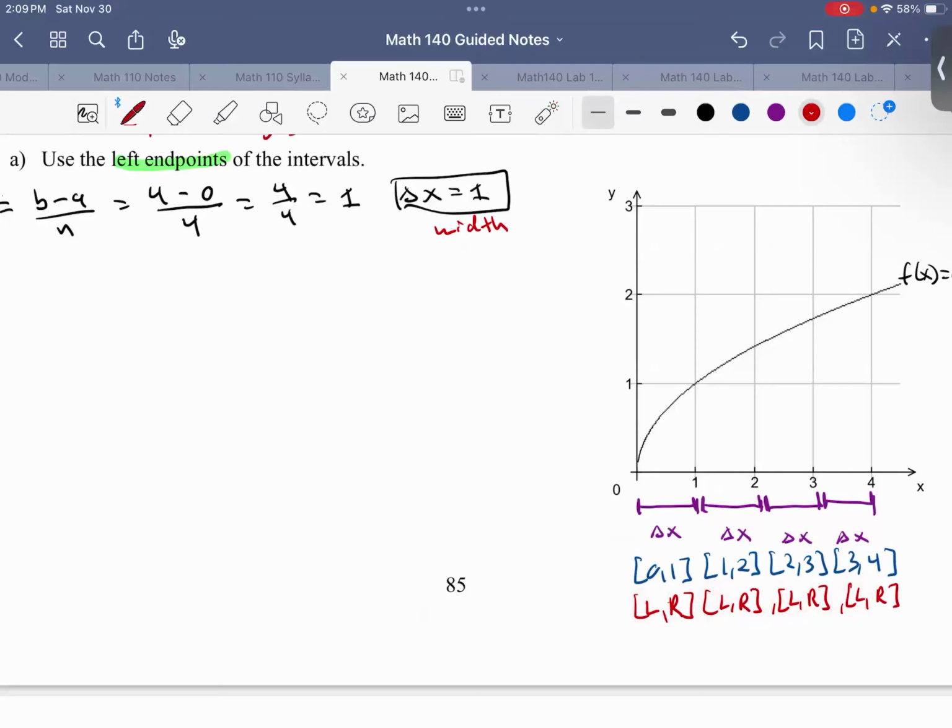In this first subinterval from 0 to 1, I'm choosing the left endpoint, which is 0. Wherever 0 is on our function, I'm going to put the point there. Likewise, from 1 to 2, the left endpoint is 1, so I'm going to put our point wherever 1 is on the graph. For 2 to 3, here's 2. The last one is 3 to 4, and my left endpoint is 3. So here we are.